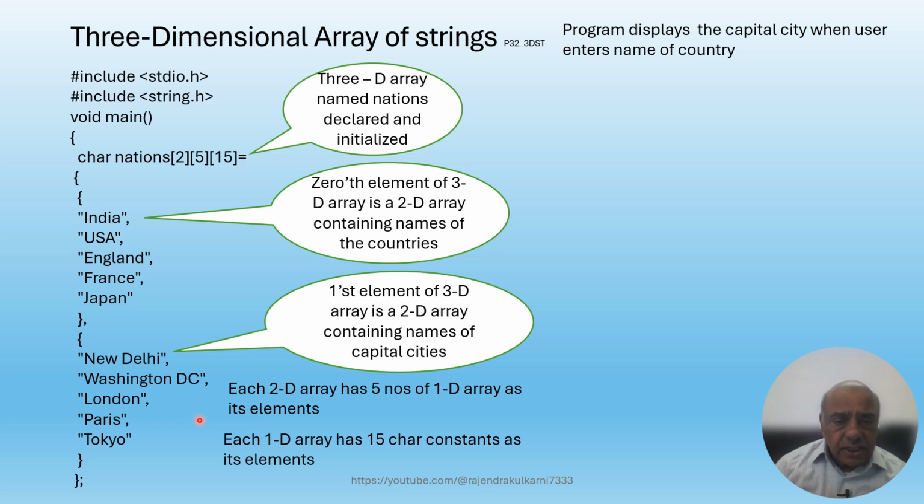Then each 1D array has 15 char constants as its elements.